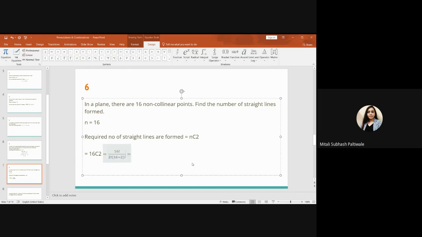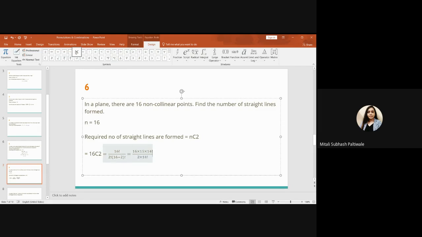So this would become 16 multiplied by 15 multiplied by 14 factorial, which is equal to 2 into 14 factorial again.